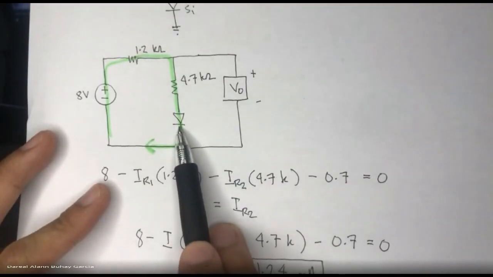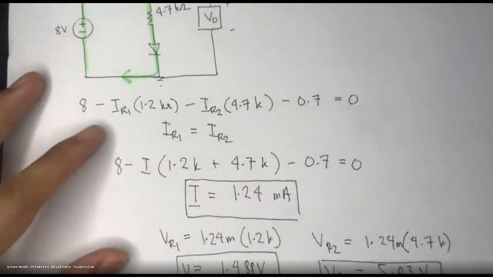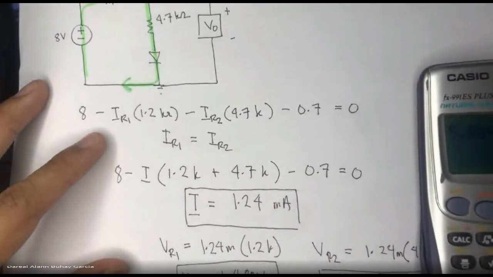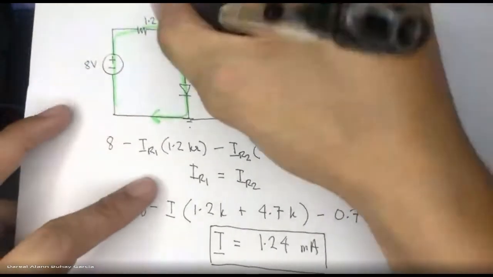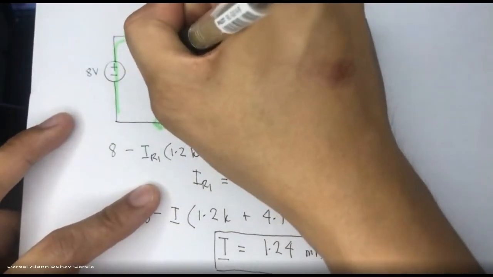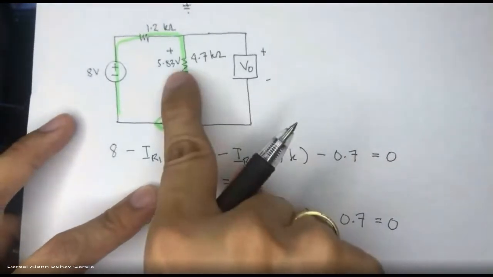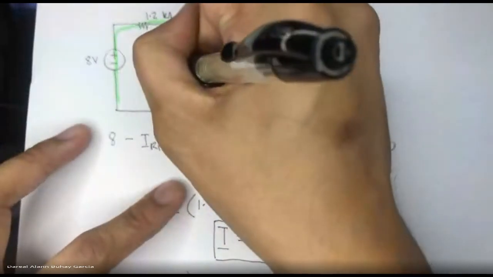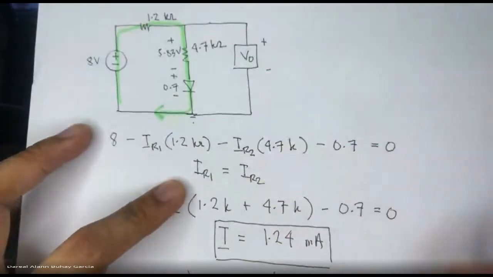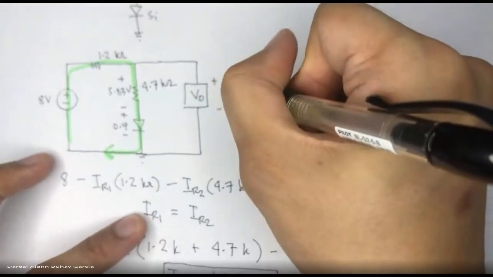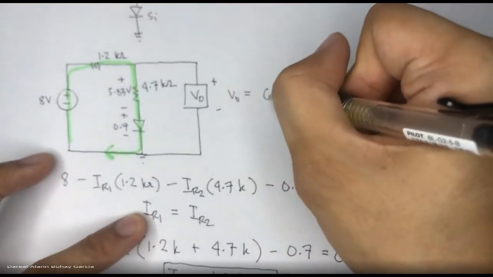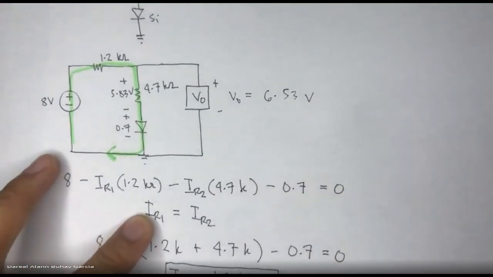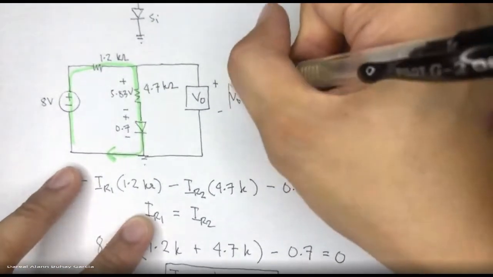If this is 0.7, and the voltage of R2 is 5.83, then 5.83 plus 0.7 is 6.53. Meaning the voltage seen by VO is equal to 6.53 volts. Final answer.